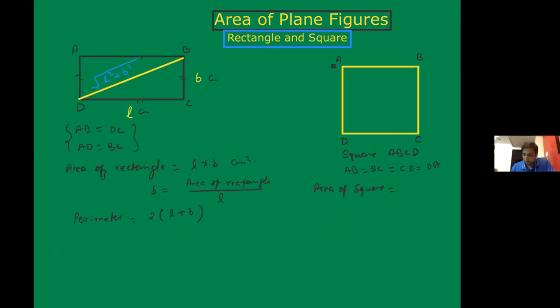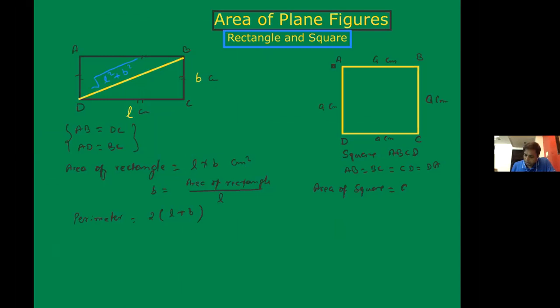If I consider one side is a centimeter, this also becomes a centimeter, and this also becomes a centimeter, because the length of all the sides of the square is the same. So area of the square will be length into breadth, where length is a and breadth is also a.